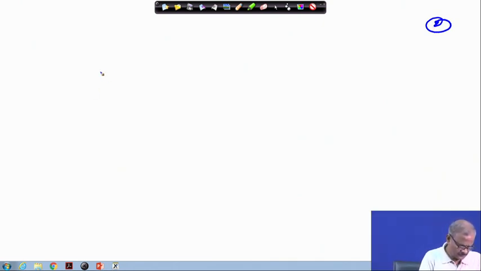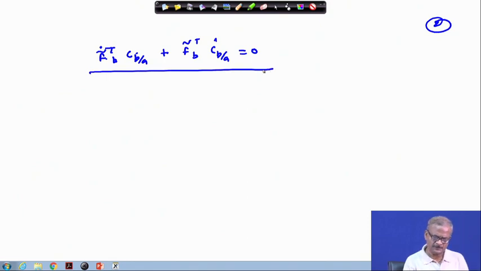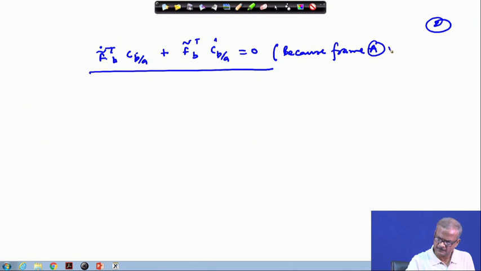So, now we have f transpose C B/A plus f tilde B transpose times C dot B/A equal to 0. Now we simplify it, because frame A is not rotating.